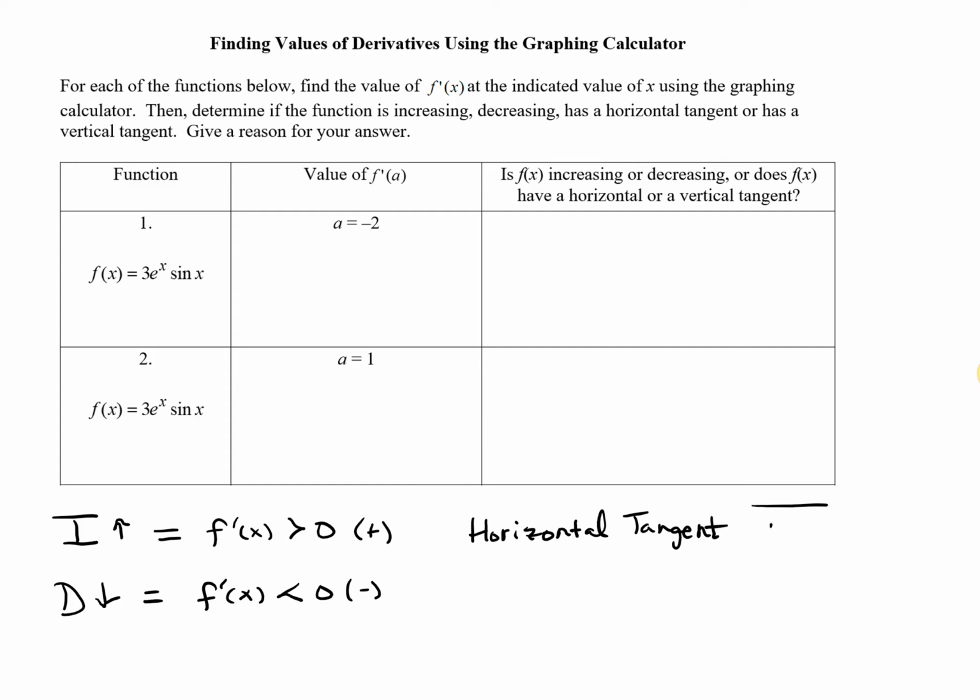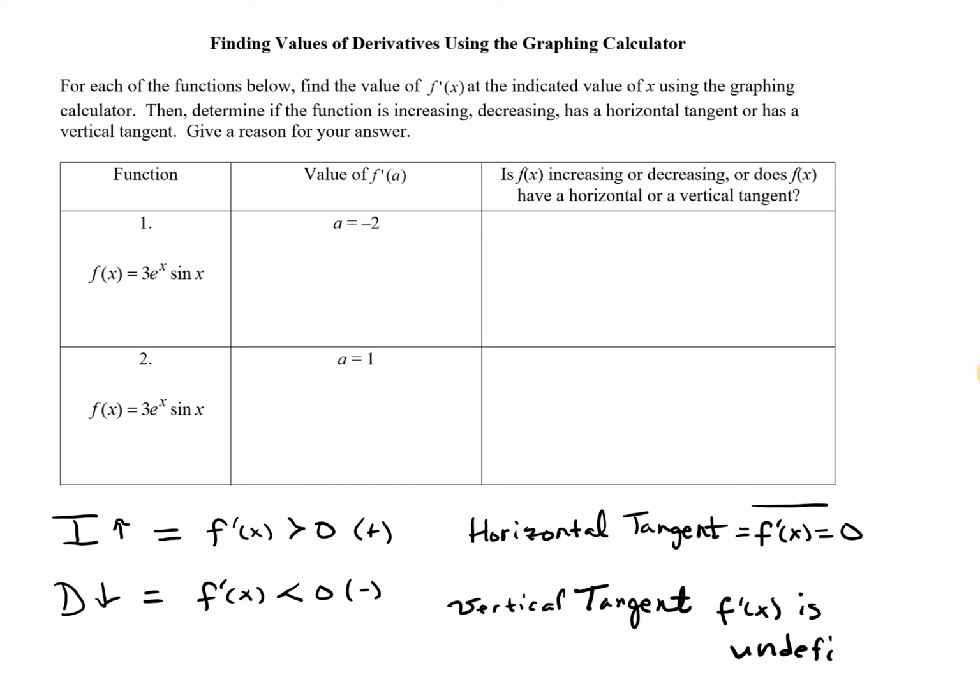So this means that f prime of x equals 0. And if it has a vertical tangent, this means that your derivative is undefined. Okay, so f prime of x is undefined.